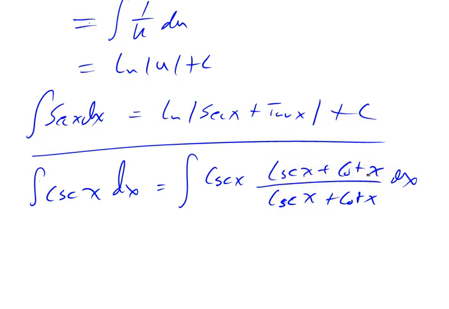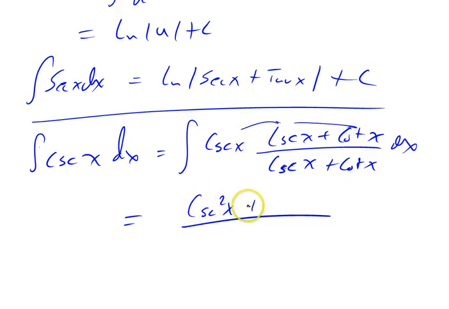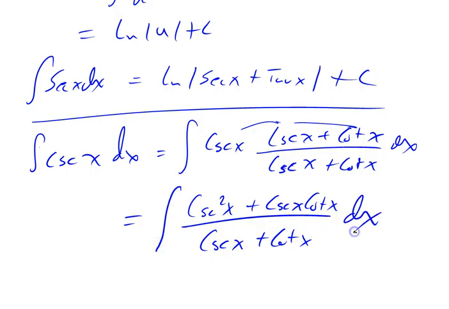So I'm multiplying by 1. I'm not changing the value. I'm definitely changing what it looks like. Okay. So distribute that top in there. So this is cosecant squared x plus cosecant x cotan x, and the denominator is still just cosecant x plus cotan x, and I haven't integrated yet, so let's still put that down.